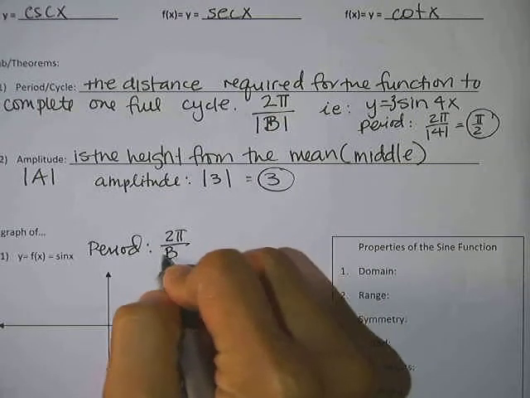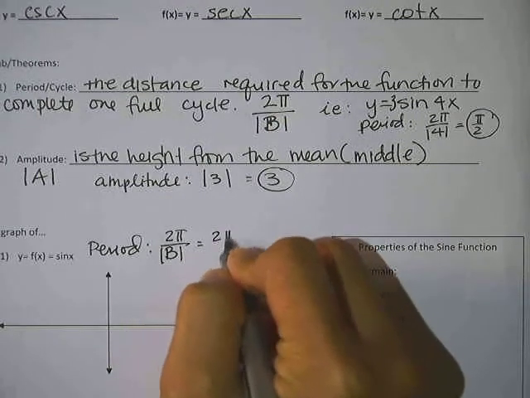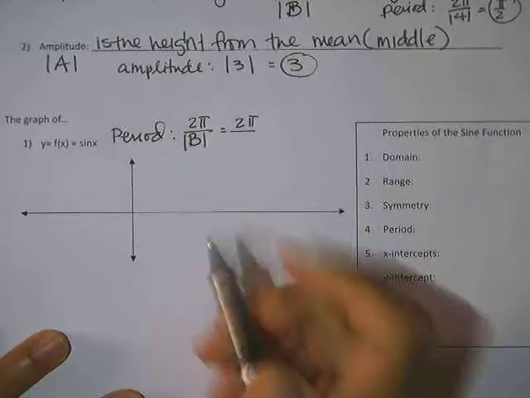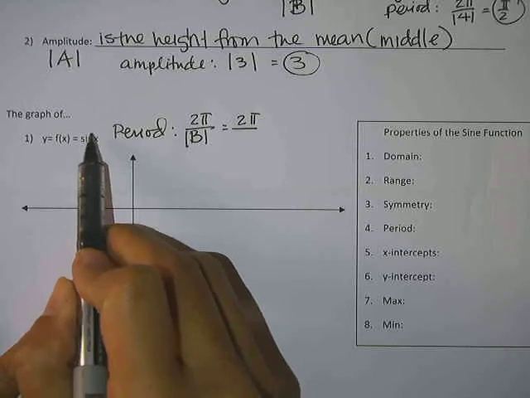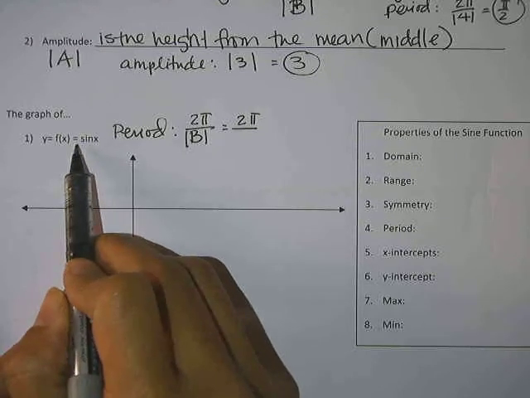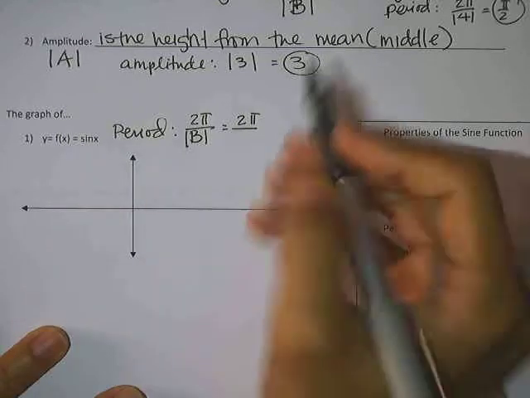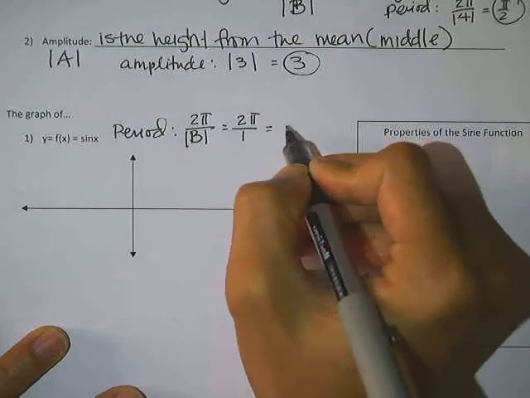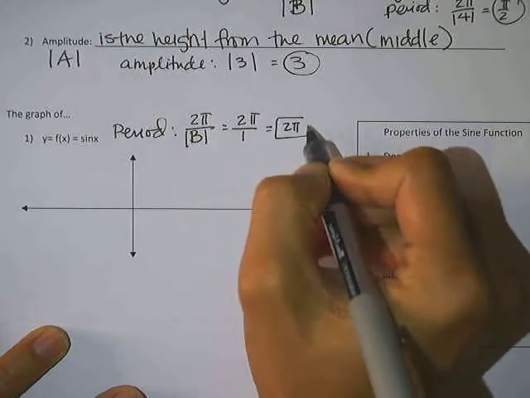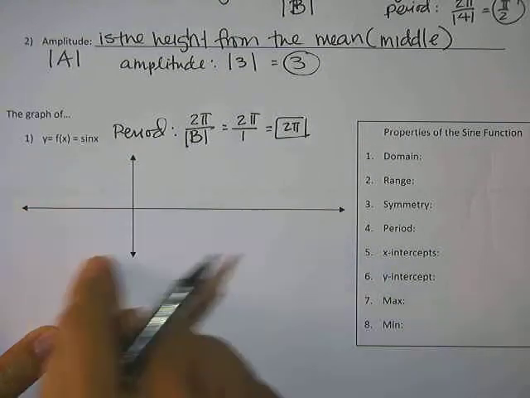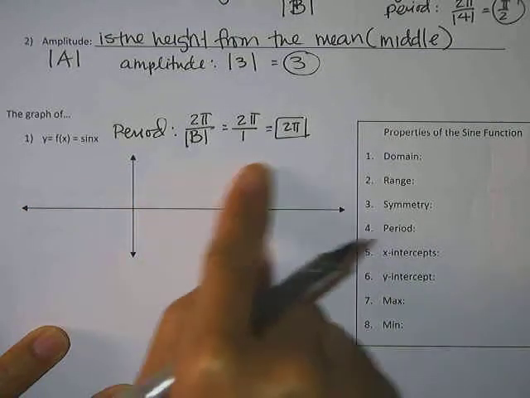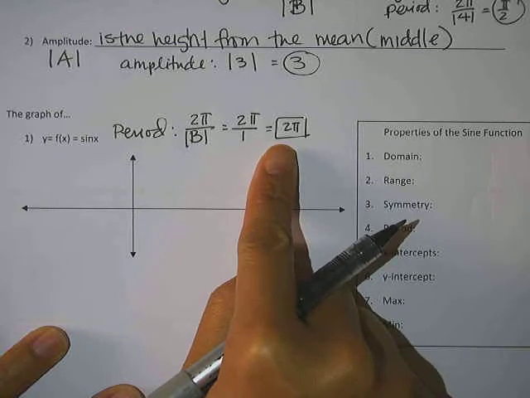B is located behind the word sine, and a is located in front of sine. They both happen to be 1. So 2 pi divided by 1 is 2 pi. So this parent function is going to graph itself a full cycle with 2 pi.